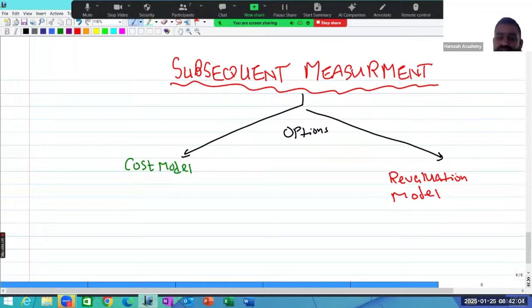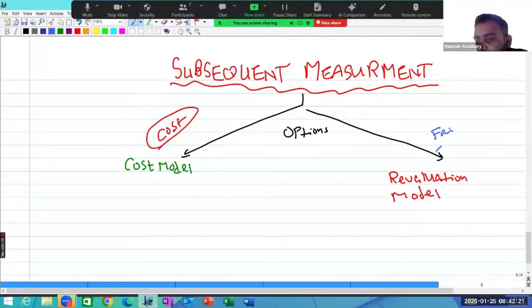Under the cost model, their base will be the cost of the asset. And under the revaluation model, the base of the asset will be the fair value, or the market value.